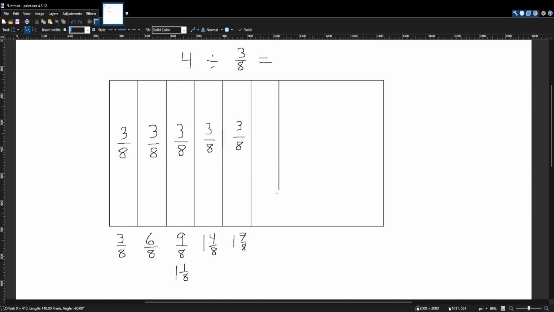If I put in another 3/8, then I will have 1 and 10/8. Which again, 8 fits inside of 10 one time, so I now have a second whole unit, but I have 2 eighths remaining. If I put in 3/8 here, then I will have 2 and 5/8.